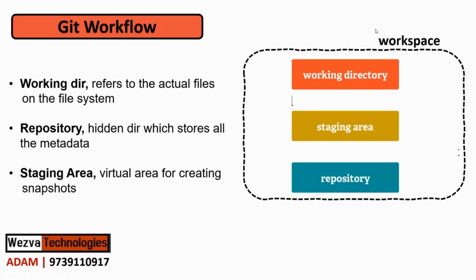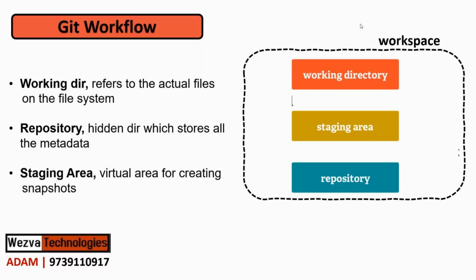Now what happens inside your workspace? When I say clone, you're copying the remote repository to your local machine into a folder called the workspace. But ideally, in Git, your workspace in the Git client is divided into three areas.